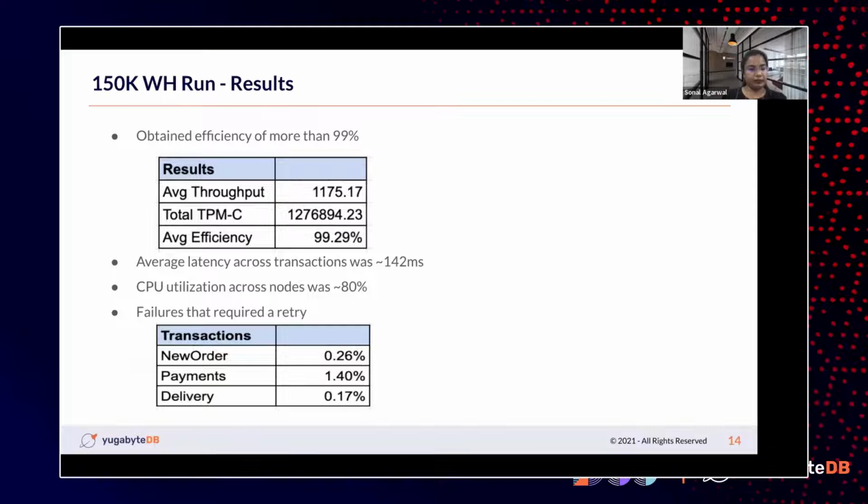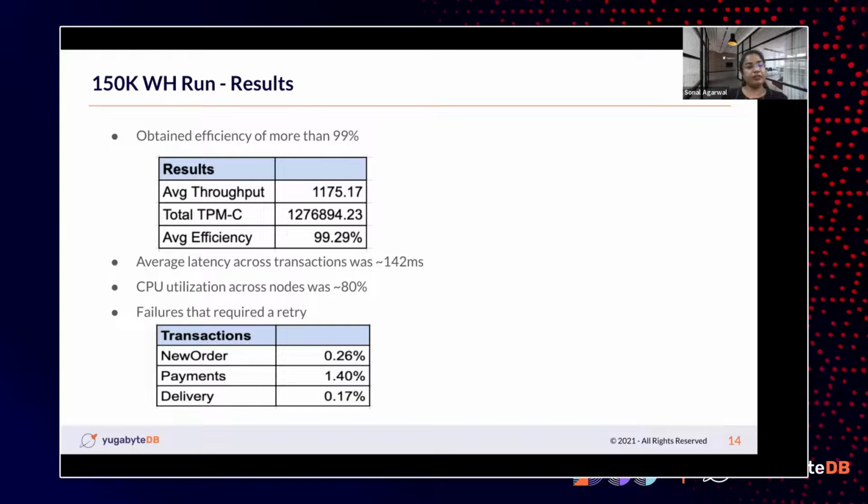Okay, so the next is the actual results that we have for TPC-C. We are happy to announce that we not only had a successful run, but we also achieved more than 99% efficiency. The average throughput across the client nodes was around 1175, with a total TPMC of 12.76 million.